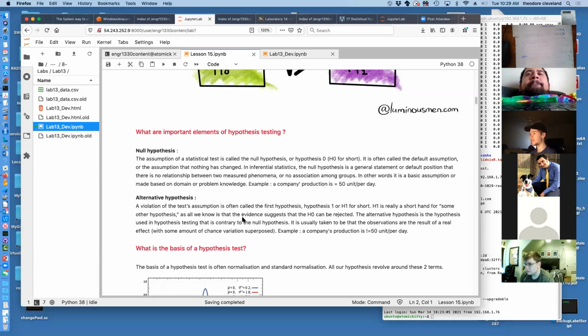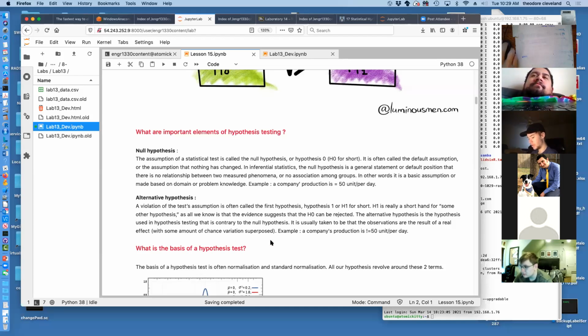In inferential statistics, the null hypothesis is a general statement or default position that there is no relationship between two measured phenomena, or no association among groups. In other words, it is a basic assumption made based on domain or problem knowledge.